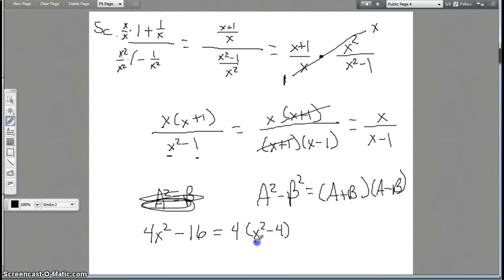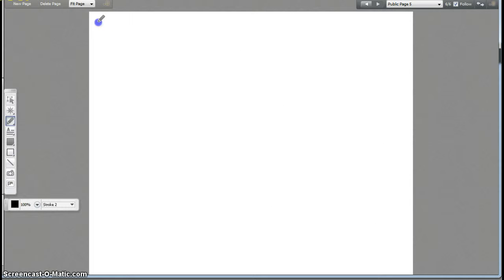And then x squared is the square of x. 4 is the square of 2. So this would be 4 times (x plus 2) times (x minus 2). You've got to be able to recognize the difference of two squares when you see it and immediately know how to factor it. Okay, let's move on and look at 5e.